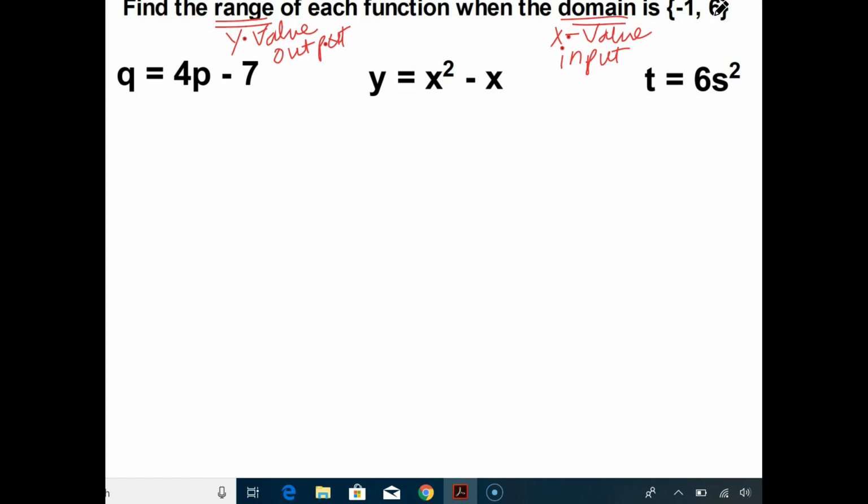So this is the conversation we had in class. This is a set. Our domain is -1, 6. Now that I know what people are having trouble with, maybe if you watch the video, you won't have too much trouble. So these are our x values, also called our input values. To find our y values, which is also called our output, we put in, do y'all see this? Input.